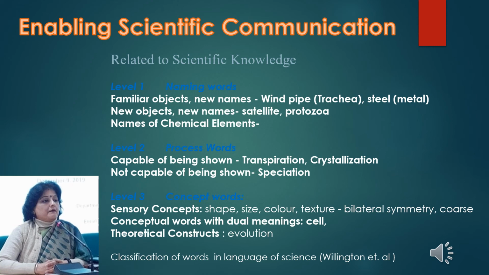And the most difficult words are the third subcategory, which are the theoretical constructs, like for example, evolution. Theoretical constructs are basically those words which are not literal words, but are concepts in themselves, which are explanations of certain observations, of certain phenomena occurring around us.